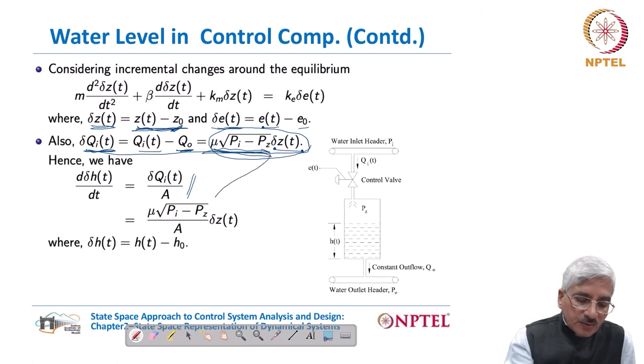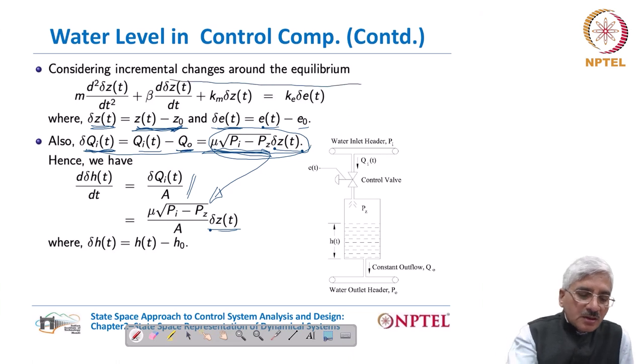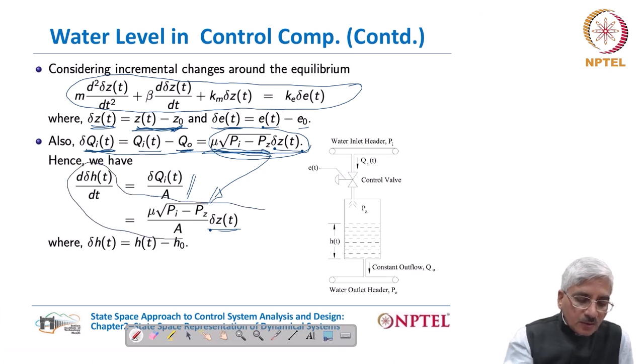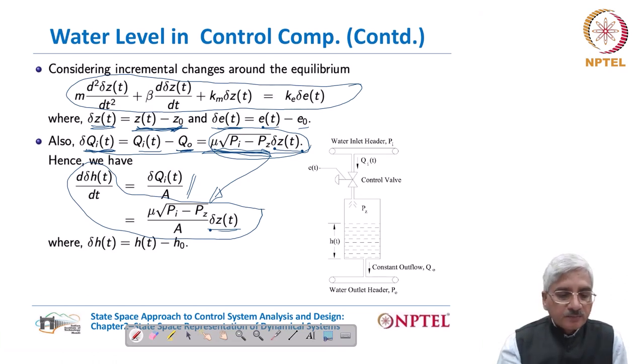So this we substitute here and we get d delta H(t) by dt equal to mu root (Pi minus Pz) divided by area of cross section into delta Z. So we got the two linear equations. One, this equation, which is for the control valve, and one, this equation, which is for the liquid level variation in the zone control compartment.